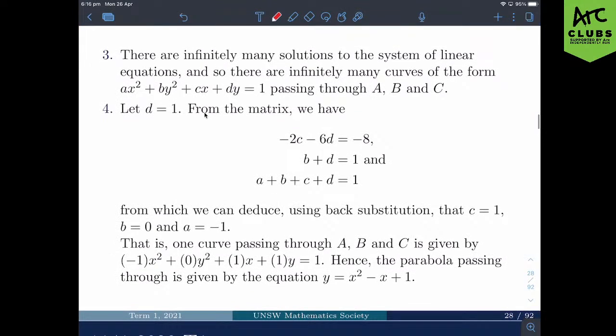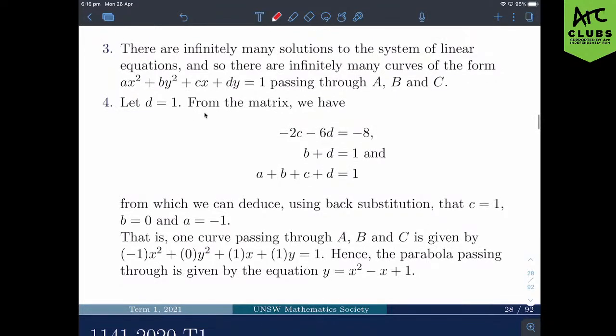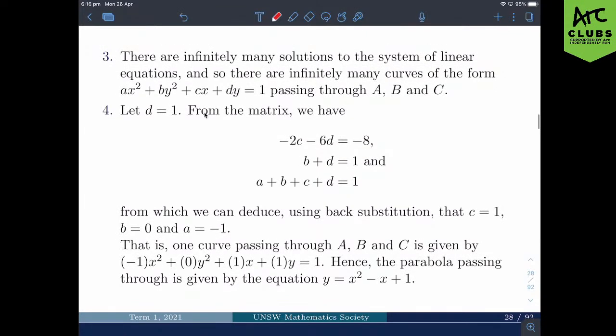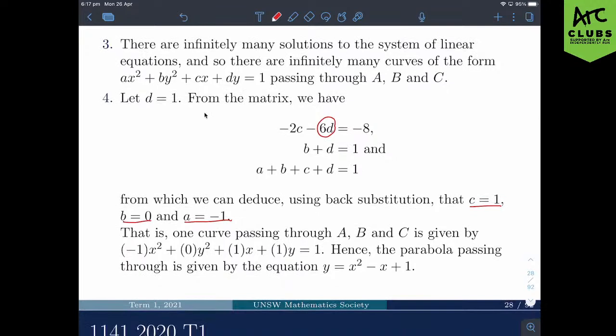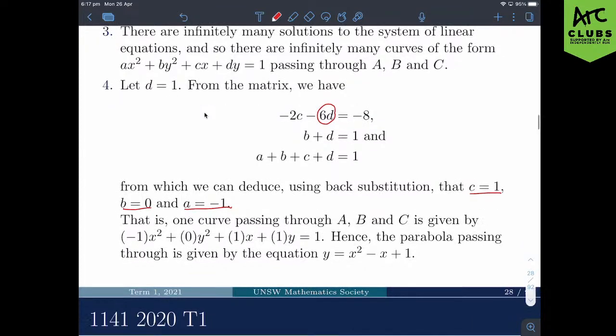And so just using our algebra skills, we can deduce from back substitution, letting d equal 1, that c is equal to 1, b is equal to 0, and a equals minus 1. And so then we substitute these values back into the curve, and we get a parabola of the form y equals x squared minus x plus 1.